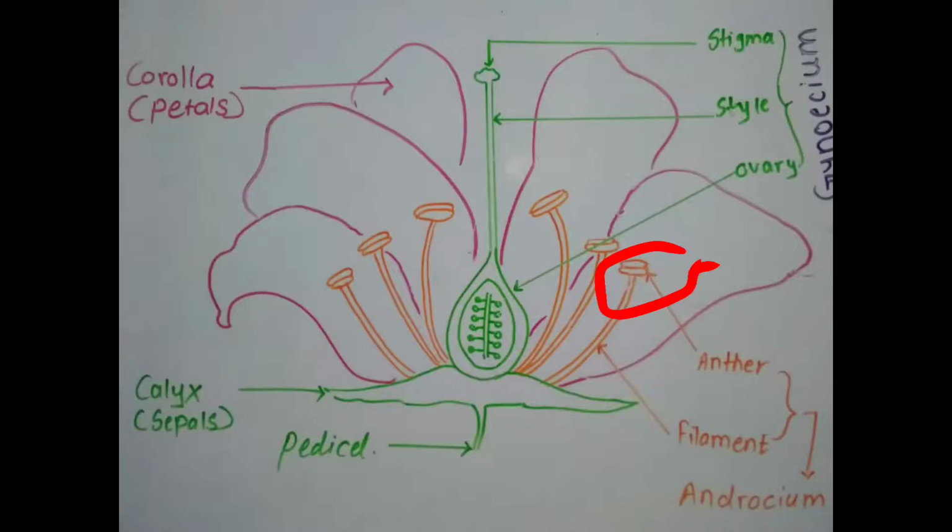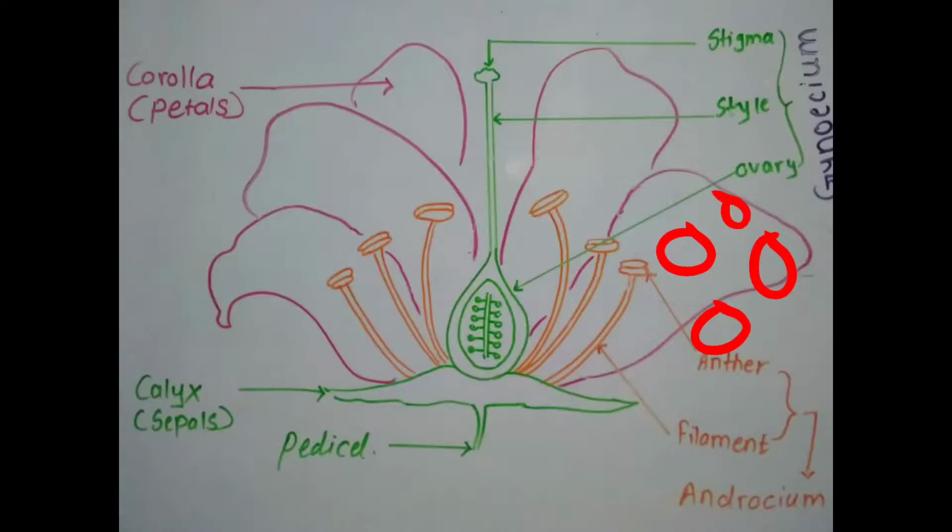It produces pollen grains. Pollen grains are the male reproductive gametes, which have the nucleus that is to be fused with the female nucleus. So pollen grains actually go to the female reproductive system and then unite with the female nucleus, right? Many pollen grains are formed in one stamen.